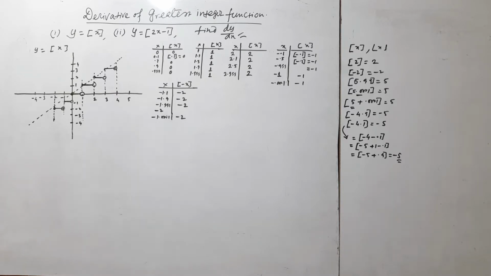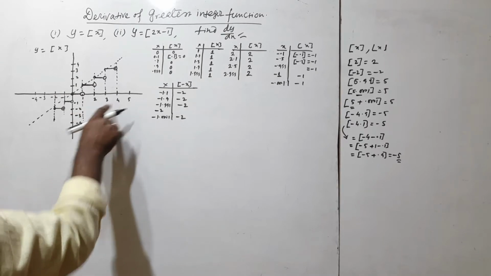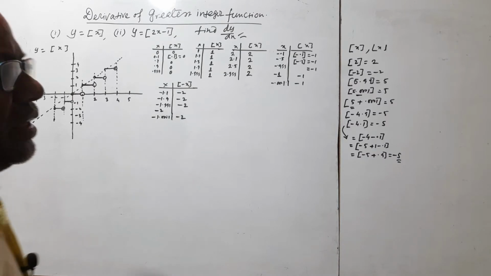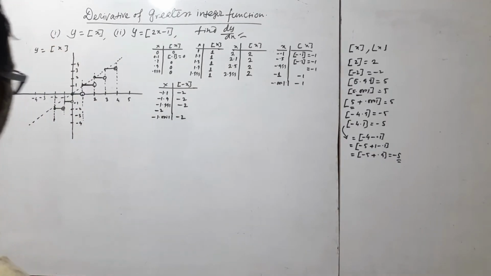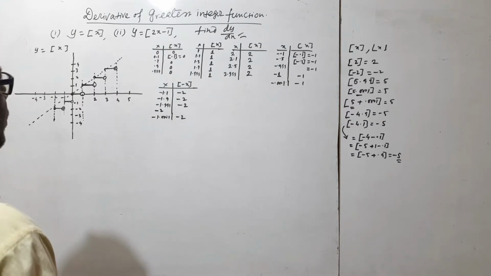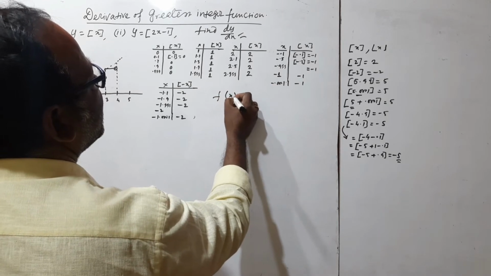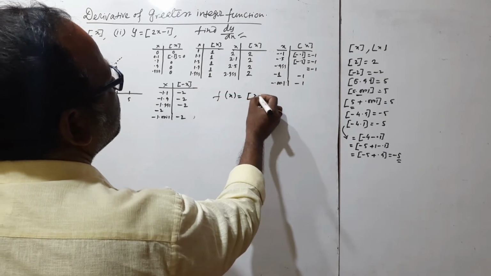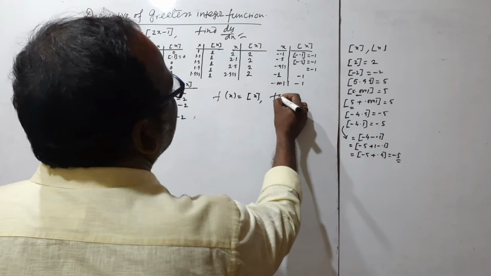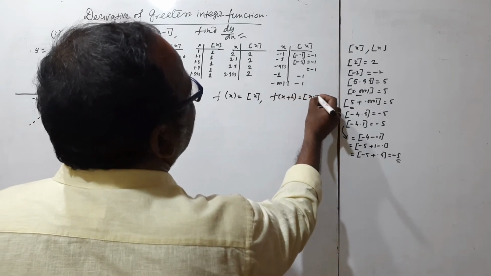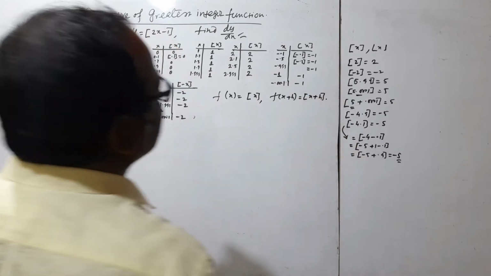But see, when it is an integer, in that case there is a gap. So therefore this is not differentiable when it is an integer. Okay, so now I am showing with the help of the derivative. So see, f of x is equal to box x, so therefore f of x plus h is equal to box of x plus h.